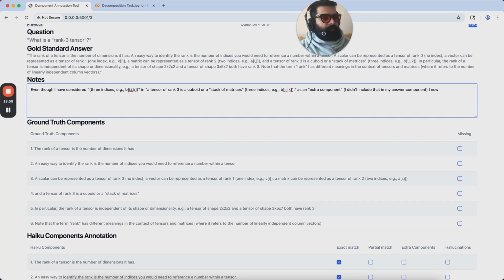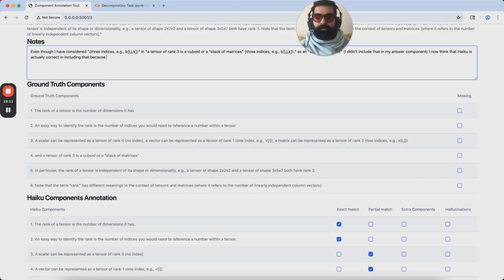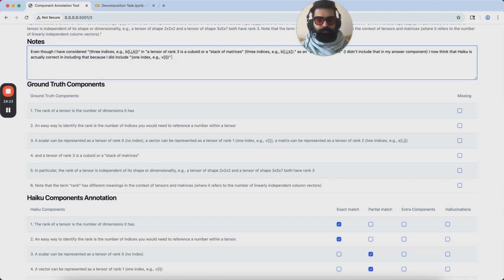I now think that Haiku is actually correct in including that, because I did include this in the rank 1 example, as well as the rank 0 and rank 2 examples.